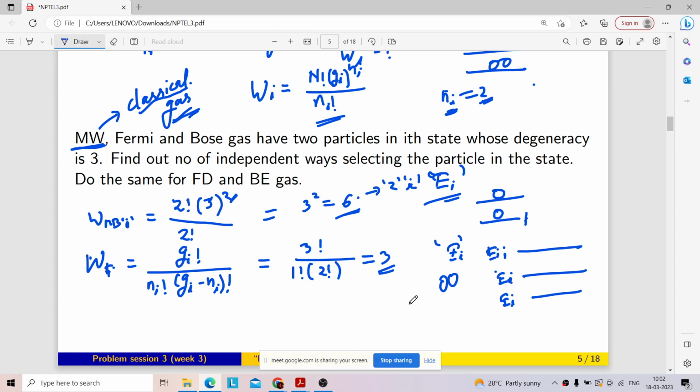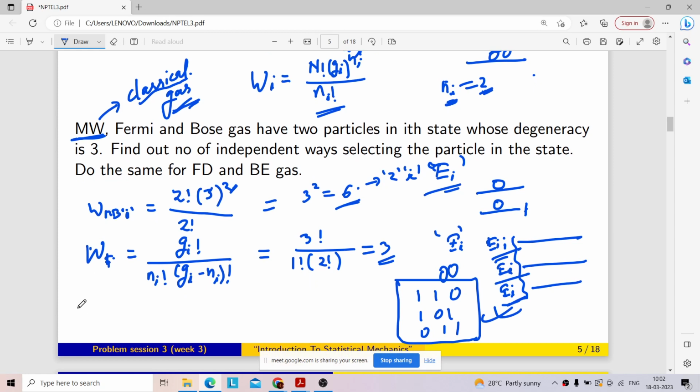In these three states, I can arrange the particles as 1, 1, 0; 1, 0, 1; and 0, 1, 1. So these are the only three possible ways I can put these fermions in these degenerate states. As you see, they have the same energy because they are degenerate.